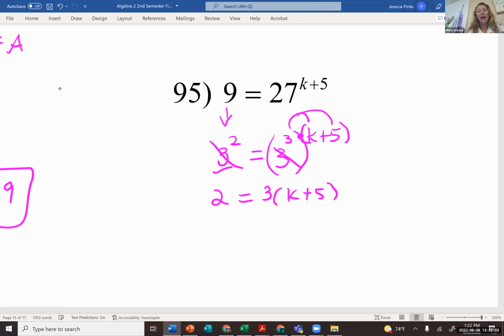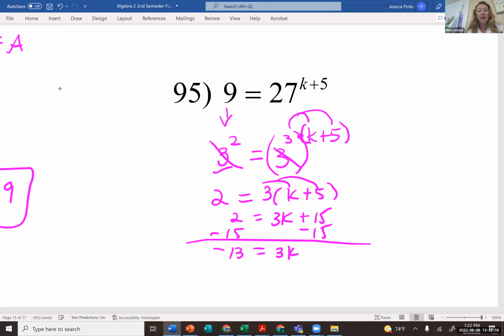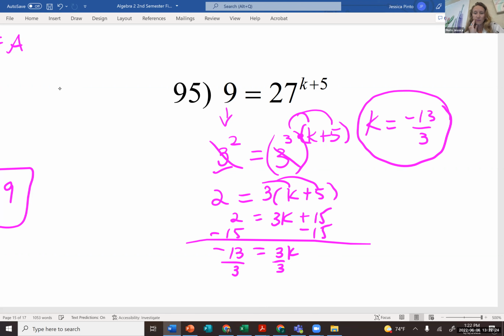Now I'm going to solve for k. I did say I was going to distribute, so I will. Then I'll subtract 15, giving me -13 is equal to 3k, and divide by 3. K is equal to the fraction -13 over 3. Well, that's a surprise.